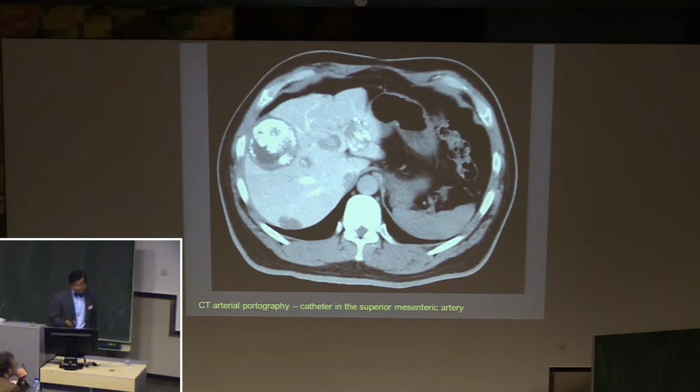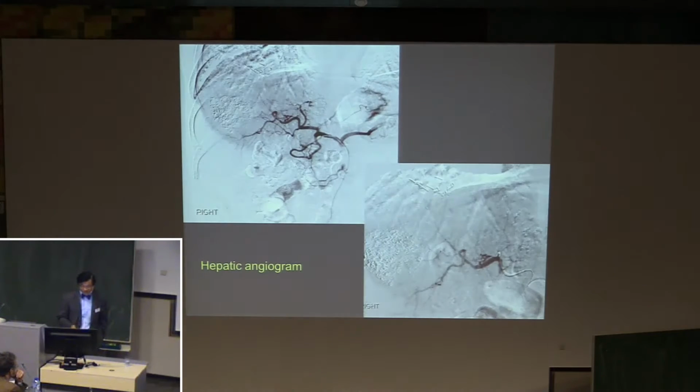So what we did was we brought the patient for angiography with a view for treatment, and this is the CT arterial portography that shows a filling defect in the arterial portography. So very clearly there has to be a lesion there. So we hunted it down. This is the hepatic angiogram. We can't find the lesion being supplied by the usual hepatic artery vasculature, even with CT.